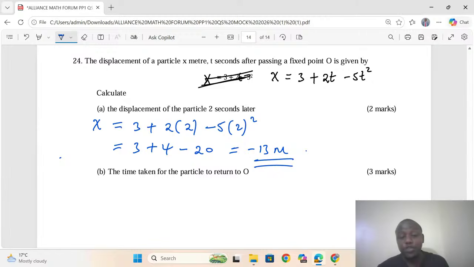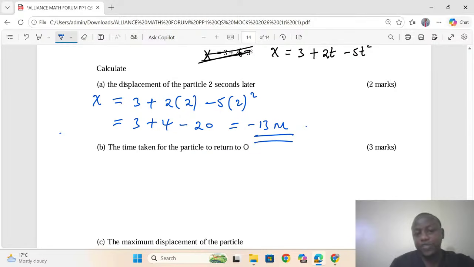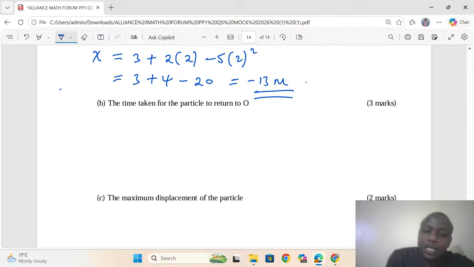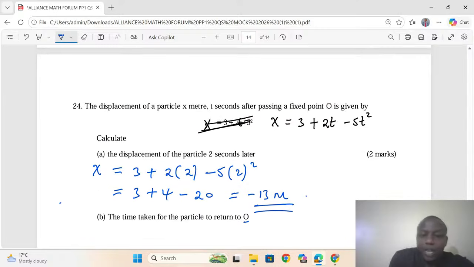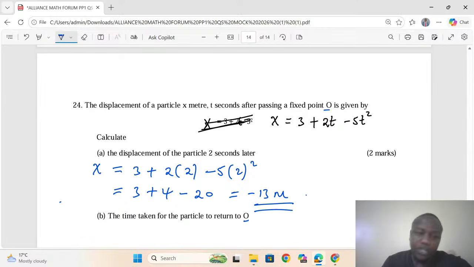Time taken for the particle to return to 0. In other words, when the particle returns to the origin, if you move from a point and get back to the same point, according to linear motion, the displacement you've covered is 0.